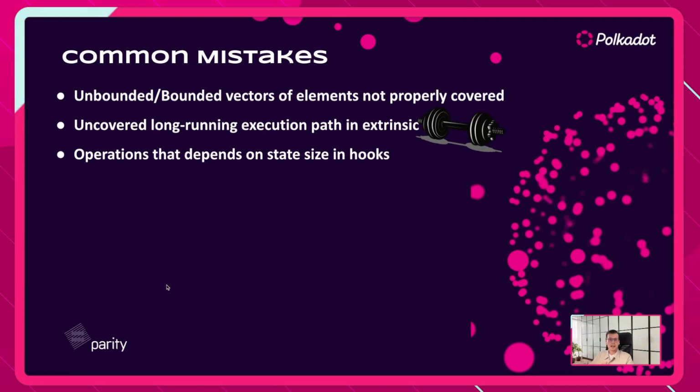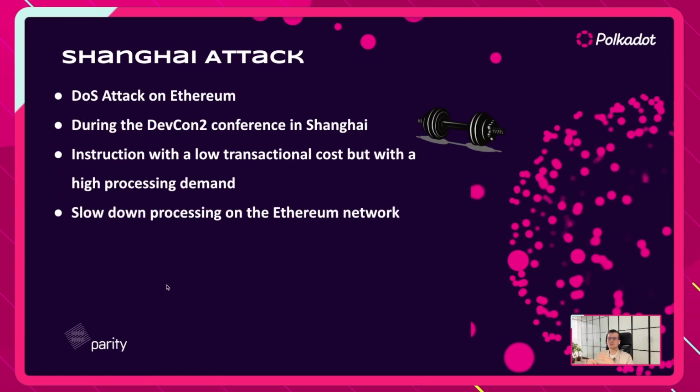And to be honest, this is not only about talking, but this is a situation that happened in the past. I mean, the situation called the Shanghai attack. It was a denial of service attack on Ethereum that took place during the second DEFCON. That was in Shanghai in 2016, as I remember. Basically, what happened at that time was sending multiple transactions that were using one Ethereum instruction that was underestimated in a sense of fees.